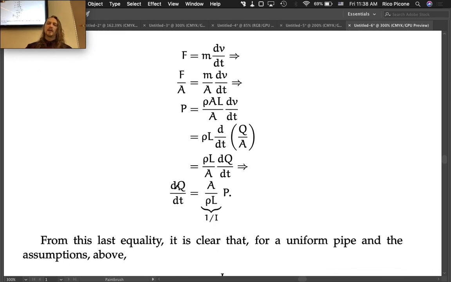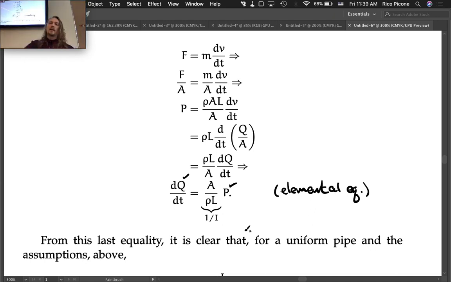Solve for dQ dt, and you get the relationship between Q and P with this constant of proportionality. We recognize that this term must be equal to 1 over I, because this is the elemental equation of a fluid inertance. So we just identify this term to be 1 over the inertance.